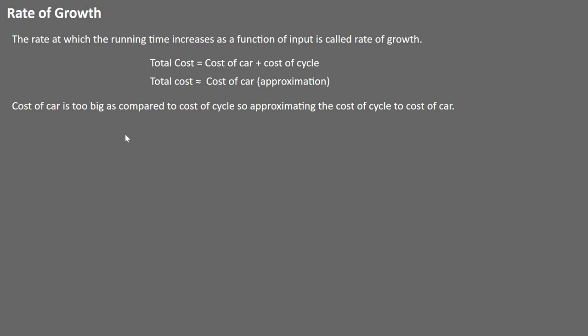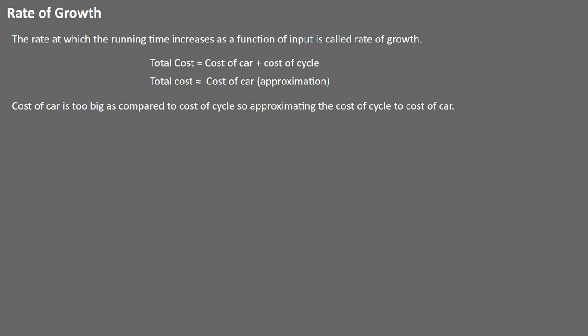Let's say we are going to purchase two things in a day. First is a car and second is a cycle, and we purchase both on the same day. At the end of the day we calculate how much expenditure was done.